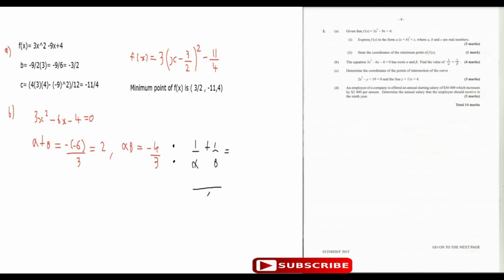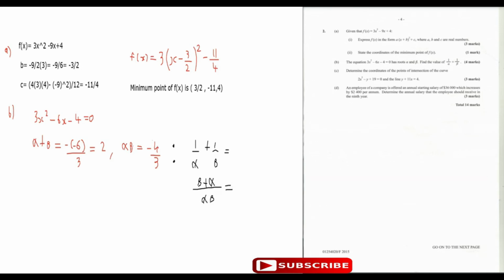The LCM between alpha and beta is alpha beta. Then we're going to say alpha into alpha beta leaves beta, plus beta into alpha beta leaves alpha. So this works out to be beta plus alpha over alpha beta.